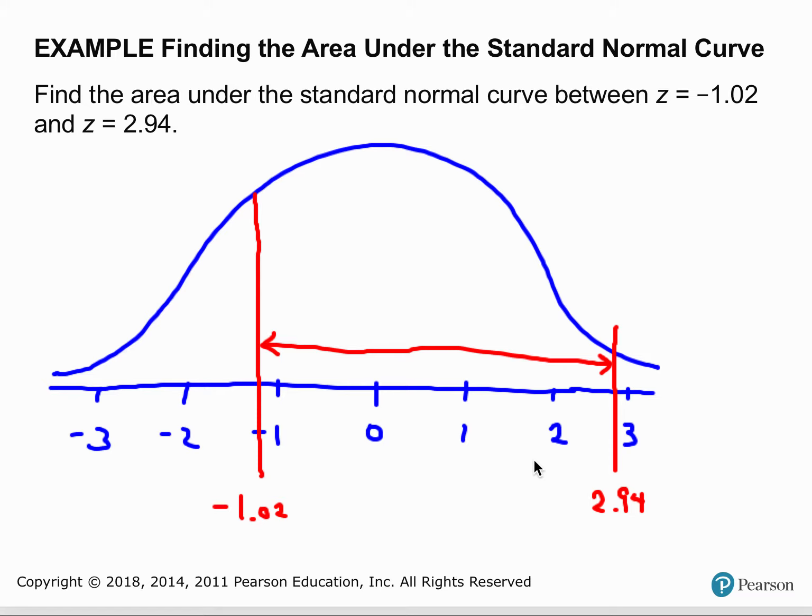But that table only gives us strictly to the left. So if I look for this value, it's going to give me all of this area, and when I look for this value, it's going to give me this area. Now, how can I find this area from being able to find this area and this area? You got it. Find this area and take this one off.